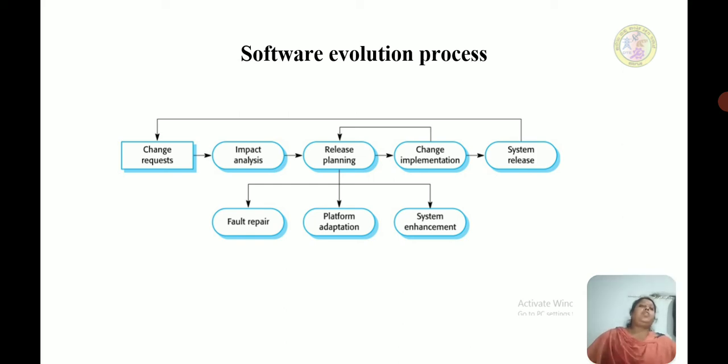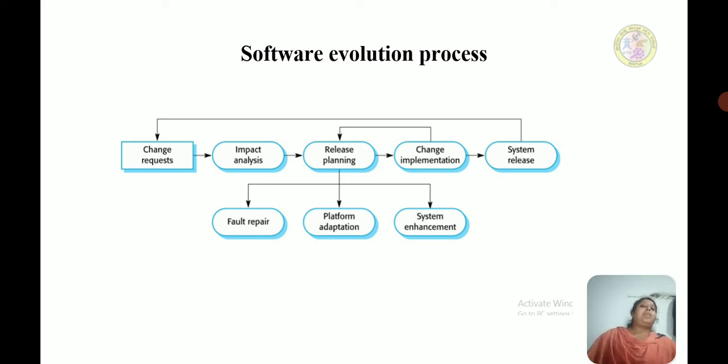For those new plans, we have to change the implementation. Once you want to implement the system, we change the implementation while releasing the new plans. Then after implementing the new changes, finally the system has to be released.